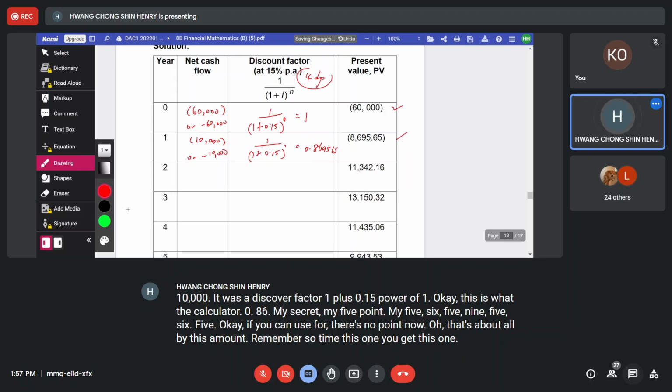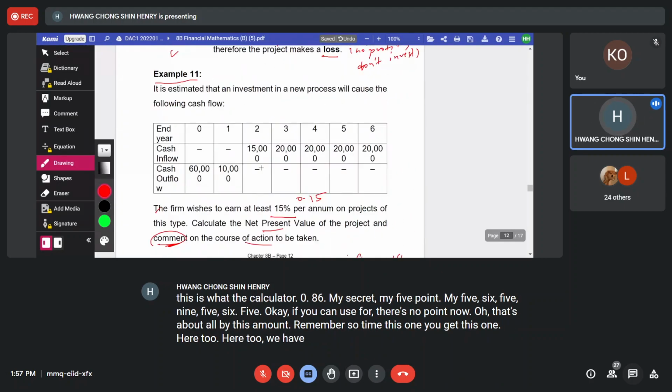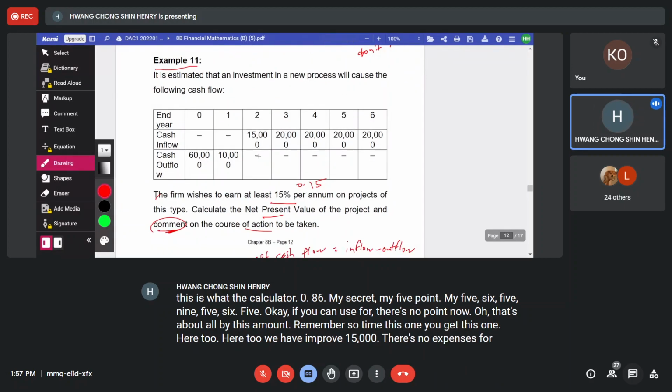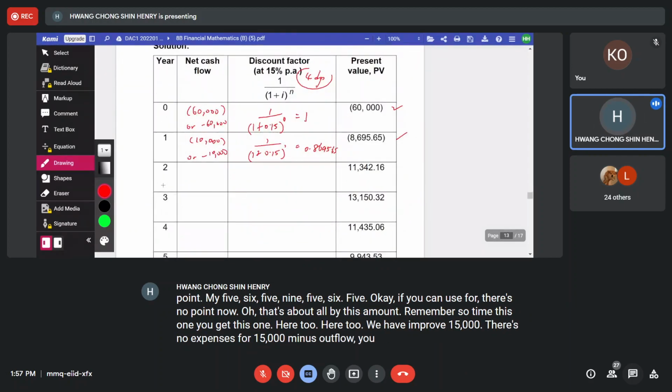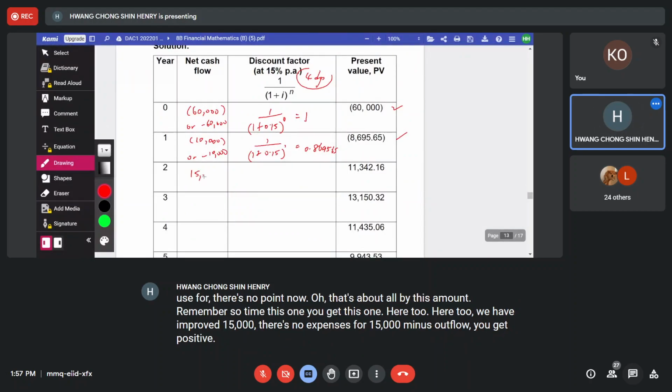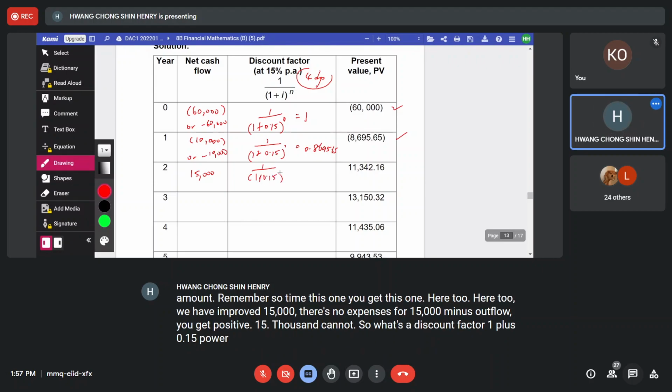Okay, year 2. Year 2, we have inflow 15,000. There's no expenses. So 15,000 minus outflow, you get positive 15,000. So what's our discount factor? 1 plus 0.15 to the power of 2. Okay, calculator.